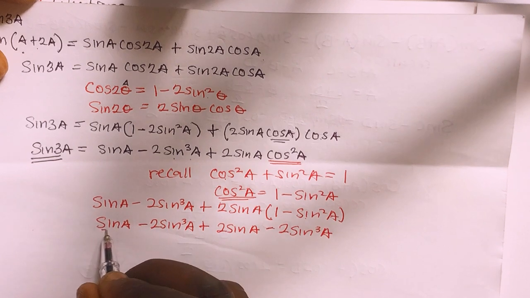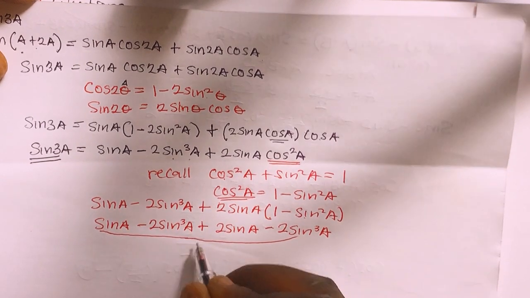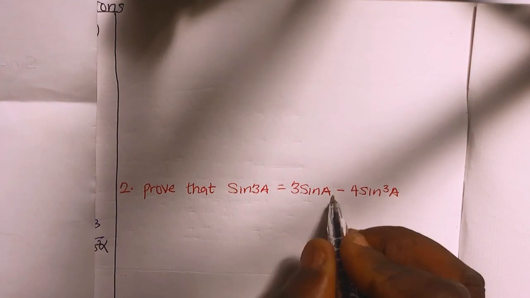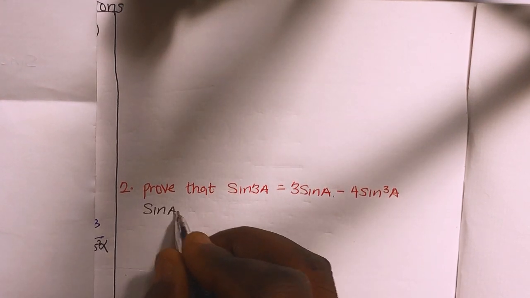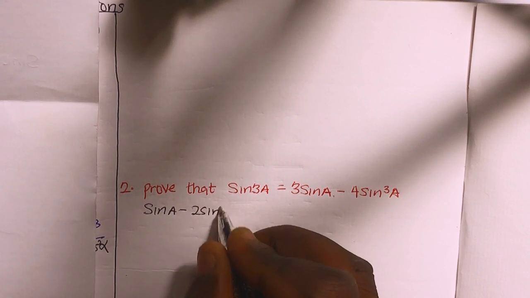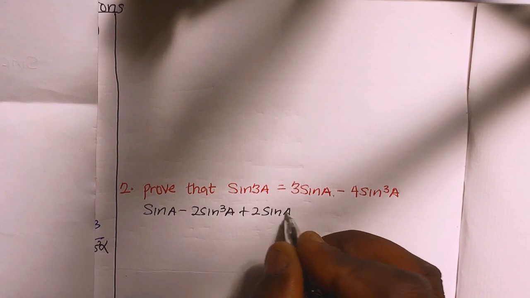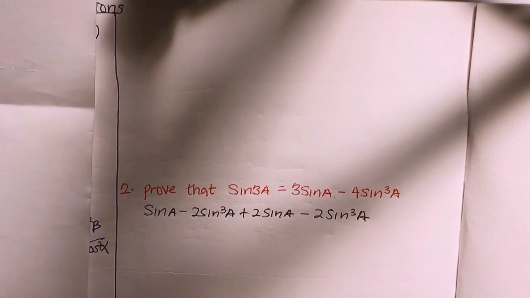Then everything here, I will simplify further. But before I do, I'll move to the question. I'm asked to prove that this is equal to this. Then I've arrived at sine a minus 2 sine cube a plus 2 sine a minus 2 sine cube a, right?